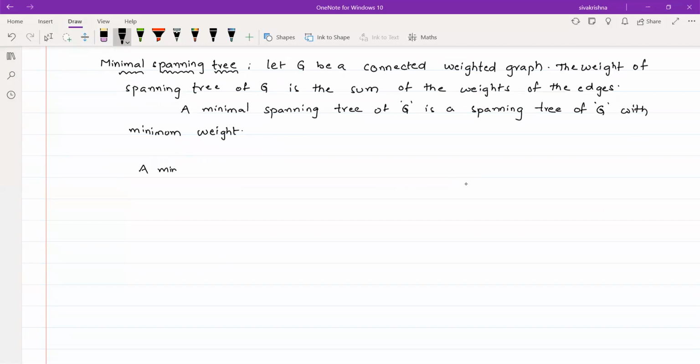A minimal spanning tree by using two algorithms.